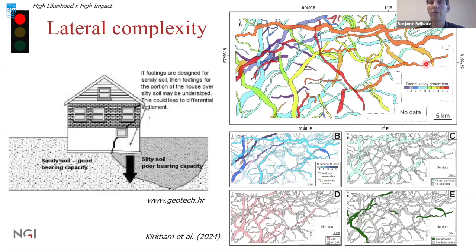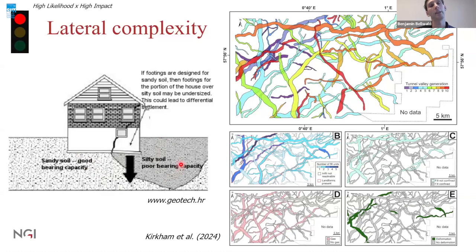For instance, if you have a wind farm project that covers this acreage, and they can be much bigger than this, then you need a lot of data to make a solid subsurface model and a good engineering evaluation as well. Because when we have laterally complex soils, the settlement may be really different.